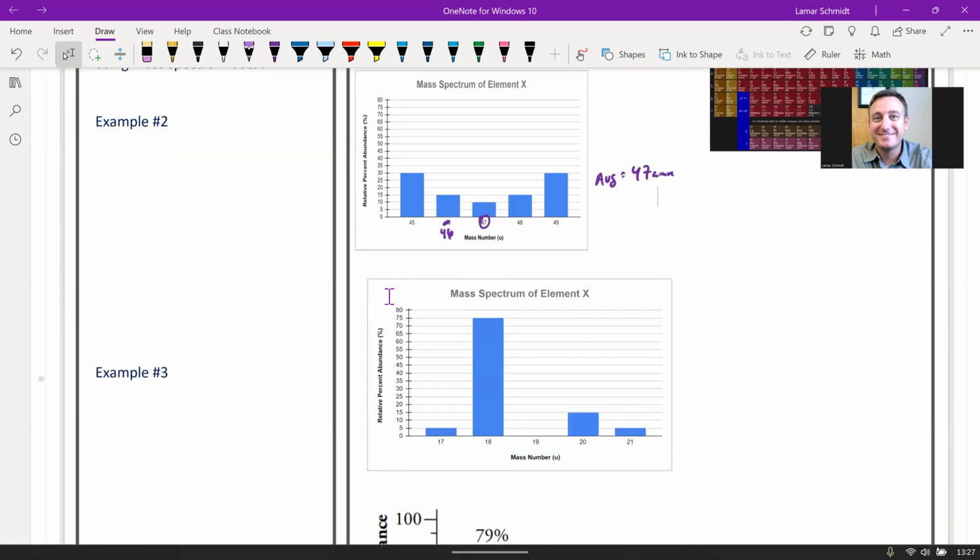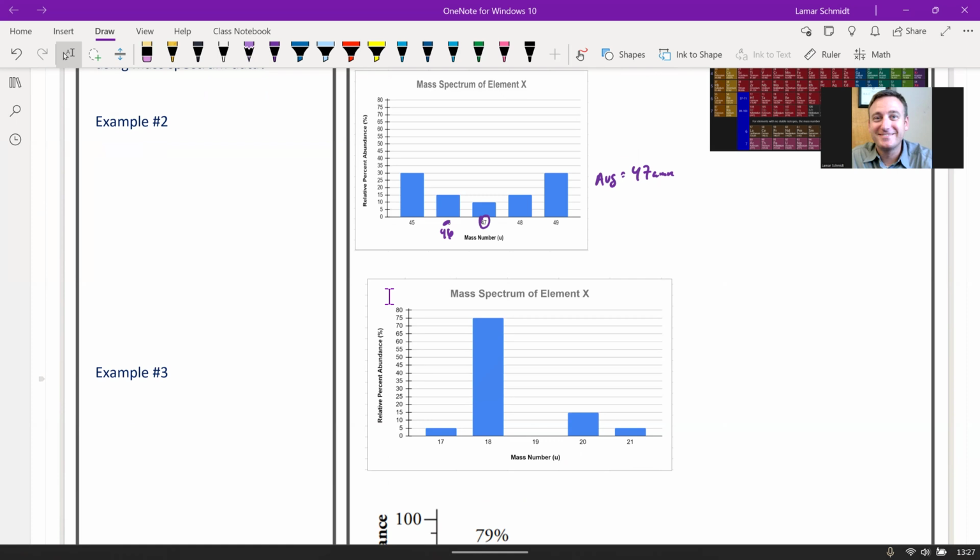So if we look at example number 3, what happened here? We have 17, 18, 19, 20, 21. How many isotopes do we have here? We have 4 isotopes, 4 peaks. There's no peak at 19. What does that tell you?